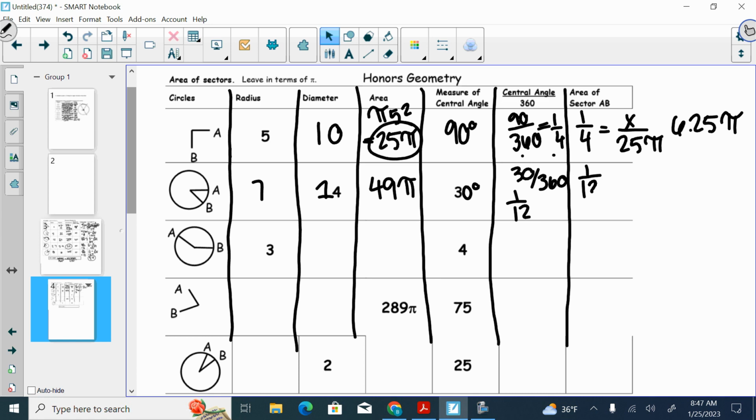So 1/12 is equal to x over our area, which was 49 pi. We cross multiply, and what do we get here?